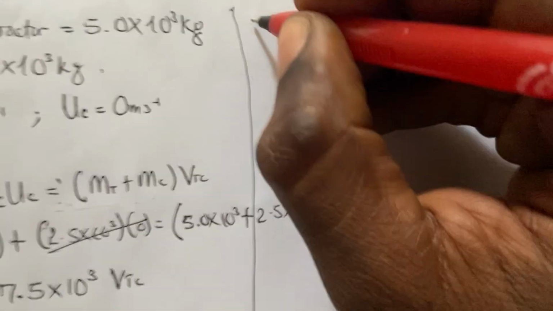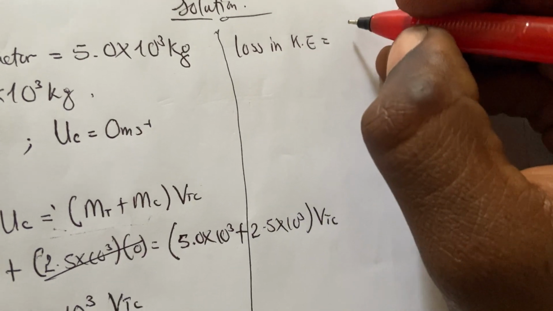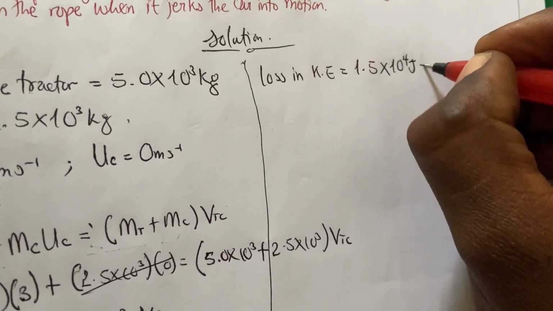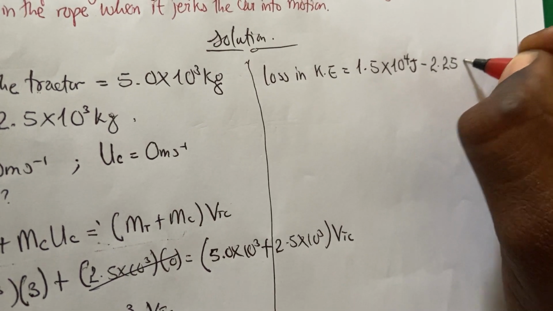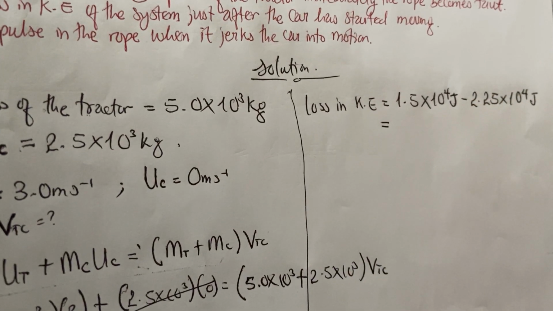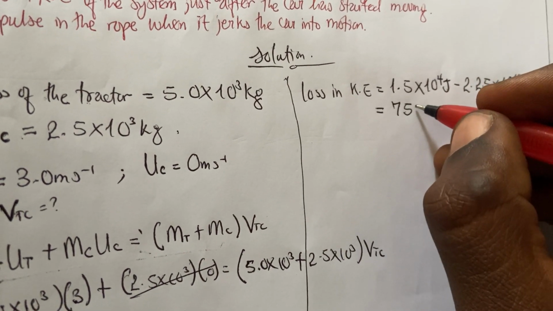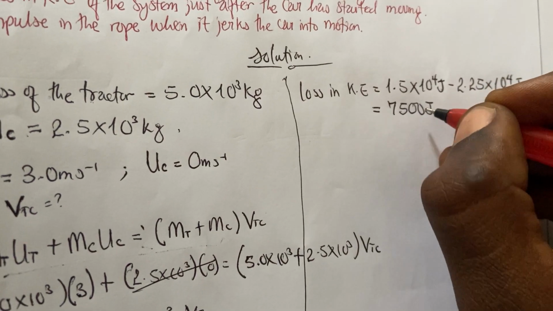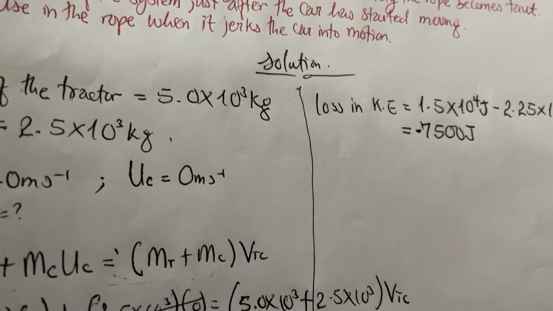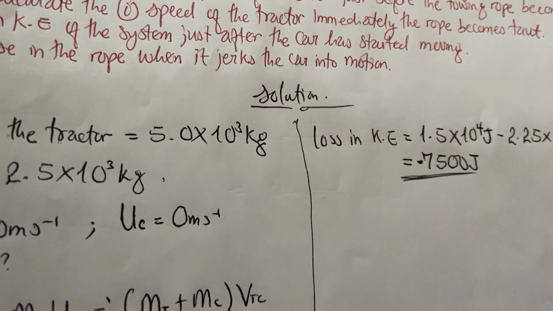Now the loss in kinetic energy is the final, 1.5 times 10 to the power of 4 joule, minus 2.25 times 10 to the power of 4 joule. Punching our calculator, this will give us 7,500 joules. It's going to be negative. The negative sign is telling us that there is a loss in the kinetic energy.